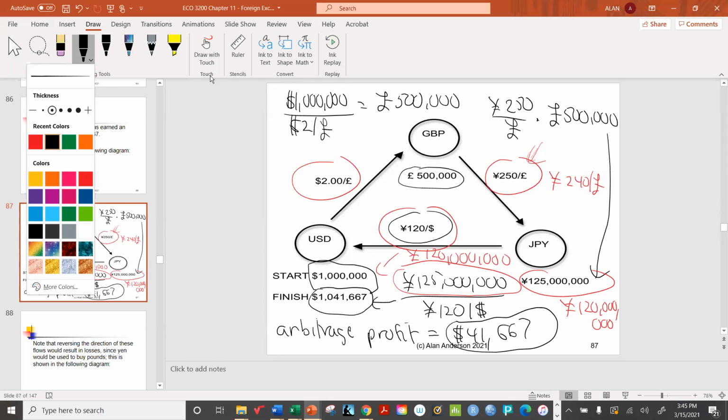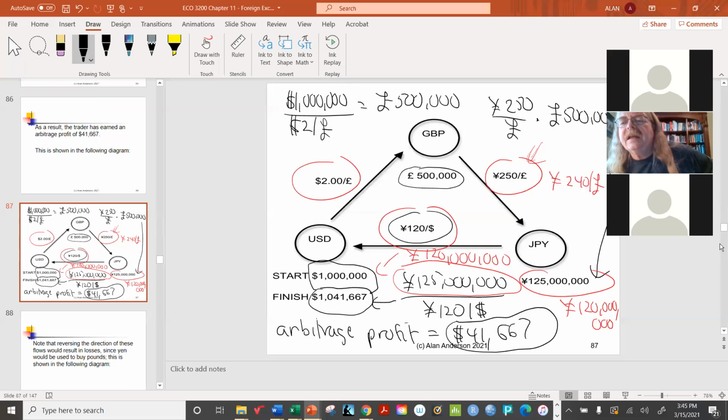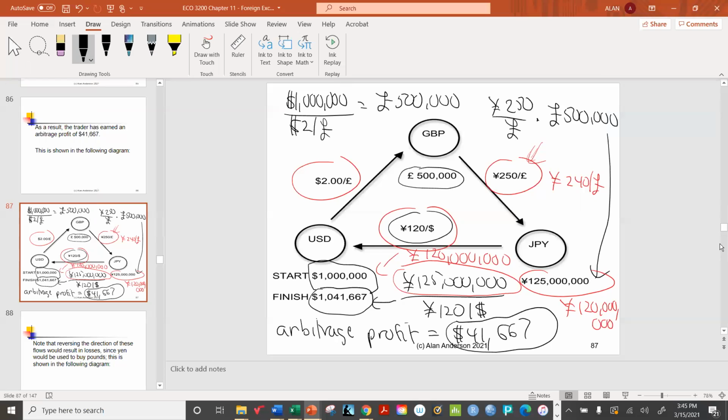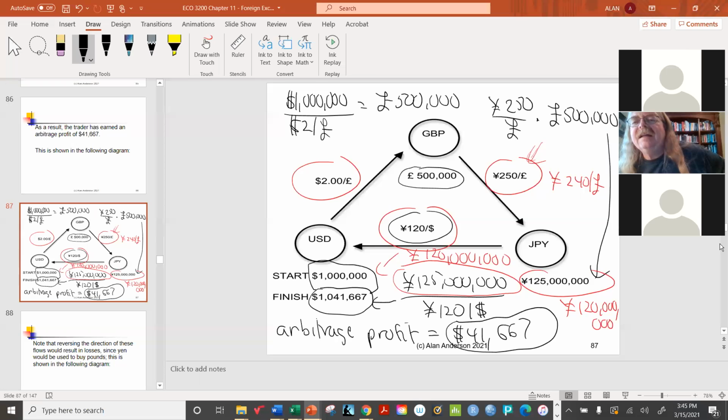Does anyone want to guess? Nobody wants to guess? Oh, I think it should be pretty clear what's going to happen. What's the opposite of a profit? Here we go. A loss, exactly.